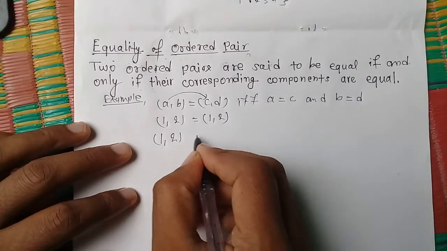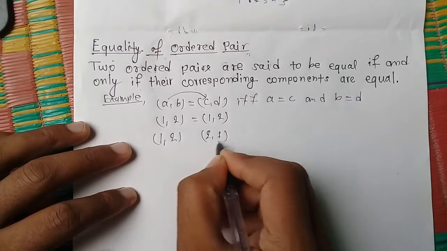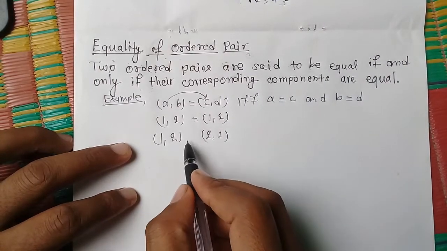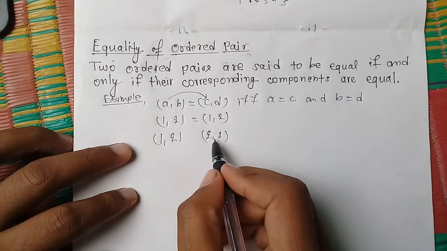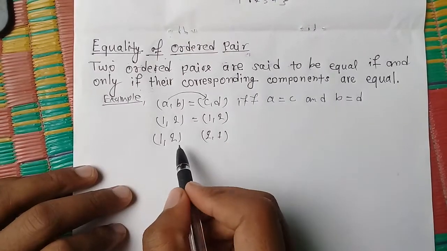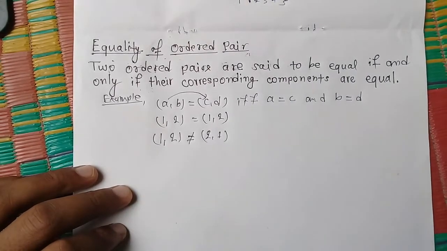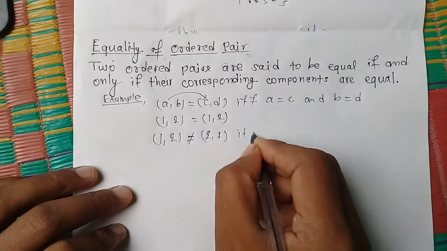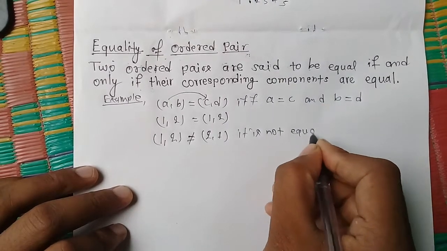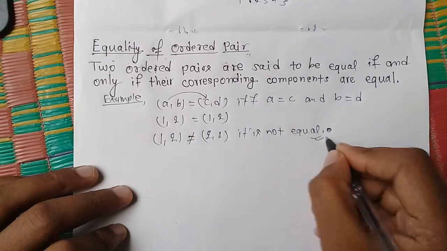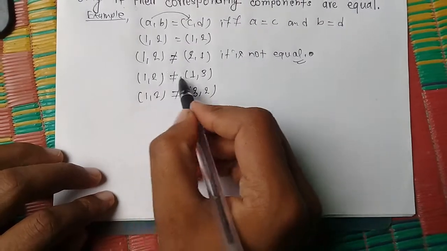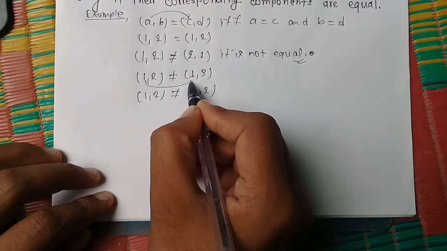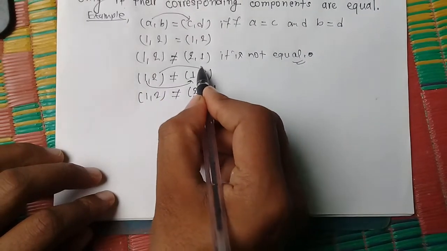If we write 1 and 2 and here 2 and 1, they have the same members but their x component and y component are totally different, so it is not an equal ordered pair. Here also it is not an equal ordered pair because the antecedent is equal but the consequence is not equal.